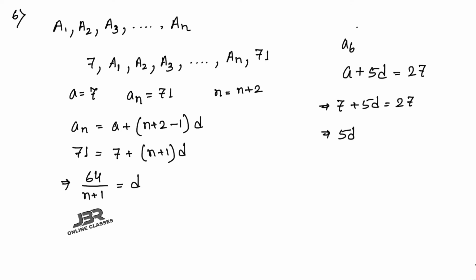That means 5d equals 20, so d equals 4. Now if d equals 4, just put the value here. So 64 by (n plus 1) equals 4. So 4 ones are 4, 4 sixes are 64. So n equals 15. Okay, n equals 15, that is your answer.